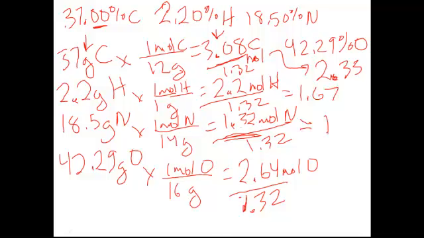This one is equal to obviously 1, and 2.64 divided by 1.32 is 2. So we've got 2.33, 1.67, 1, and 2.